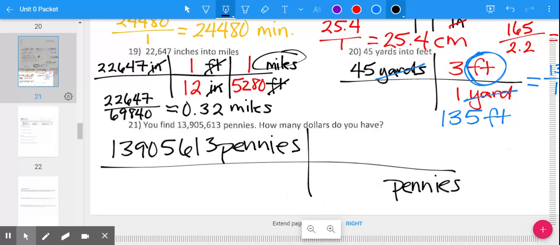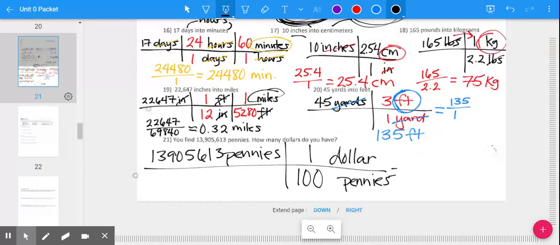And what you know about pennies is there are 100 pennies in $1. So when you do this, multiply straight across the top, divide by that number on the bottom, and you end up with 139,056.13 dollars. So that's actually $139,056.13.